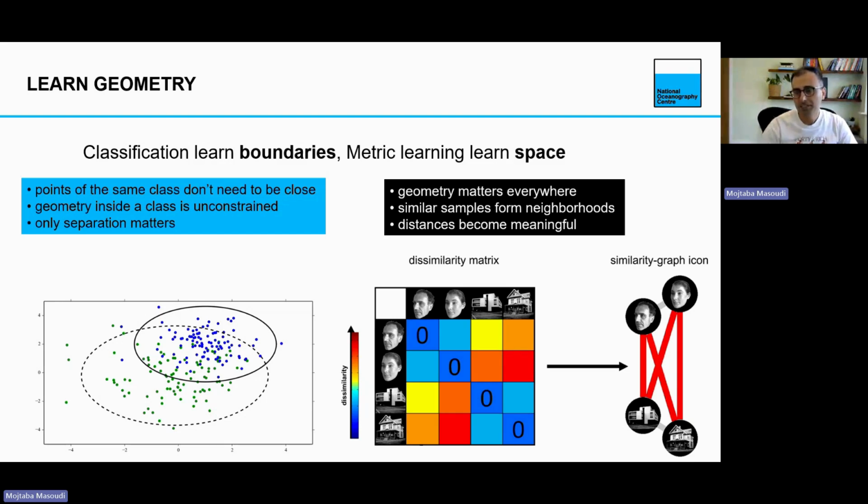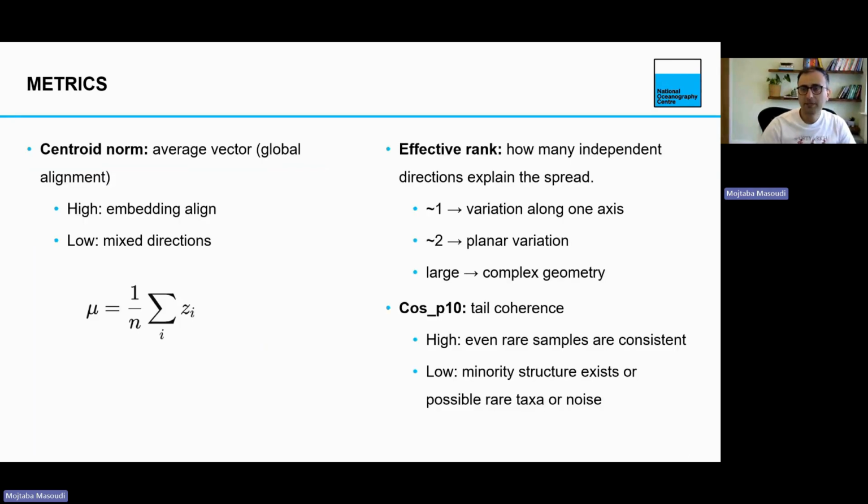So the separation matters, but for the geometry model we had, the distance is meaningful, and for example, similar samples are closer to each other, and neighborhood is important as well. So we created a similarity graph, and then I introduce some basic metrics for the analysis.